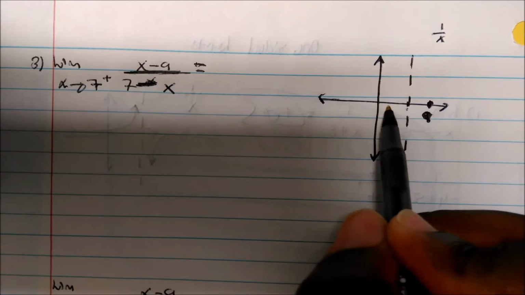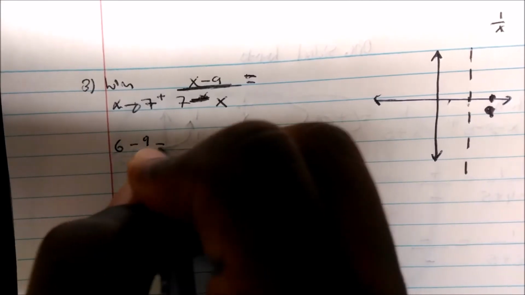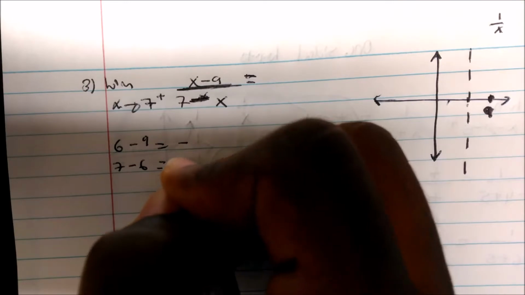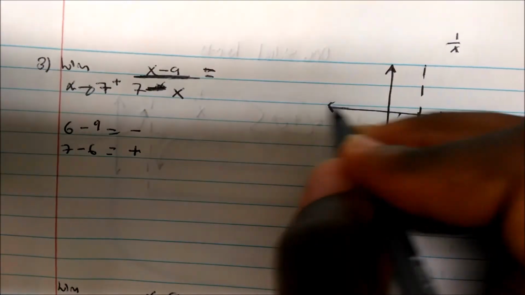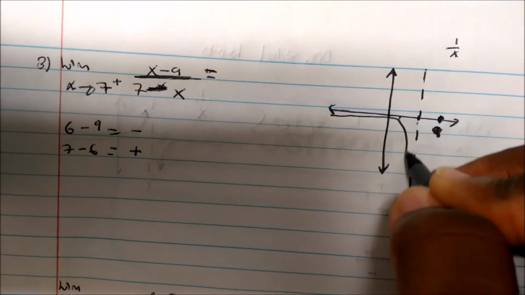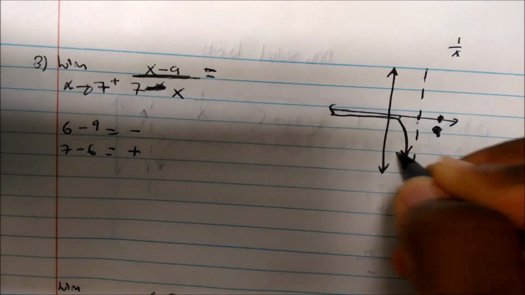We could plug in 6 to see what the graph looks like over here. So 6 minus 9 is a negative number. 7 minus 6 is a positive number. So coming from here, the graph is actually negative, since negative divided by positive is negative.